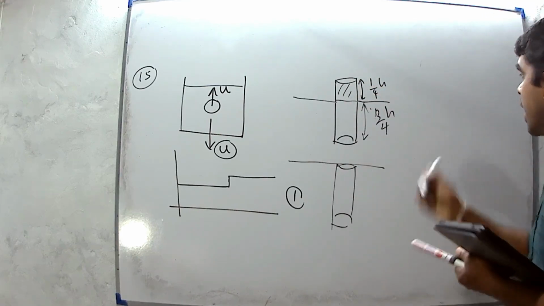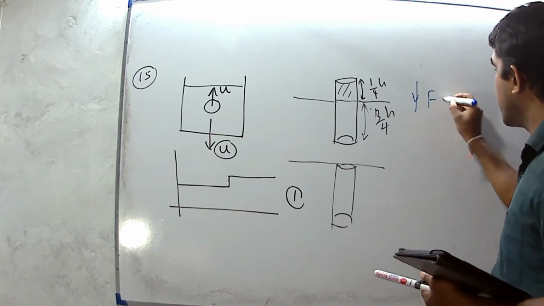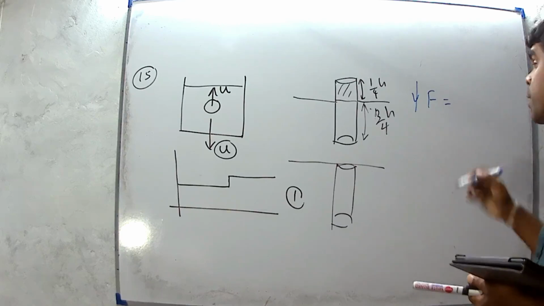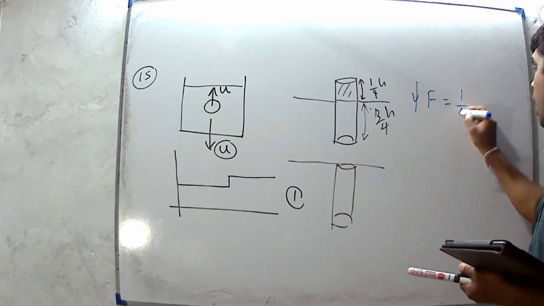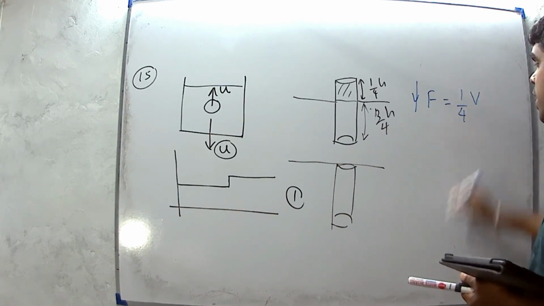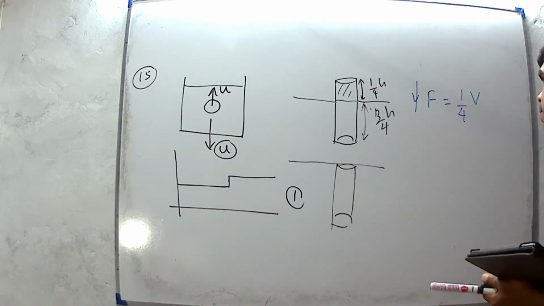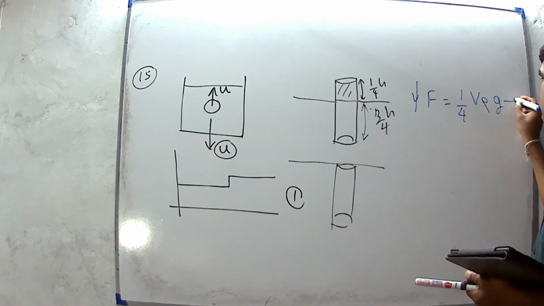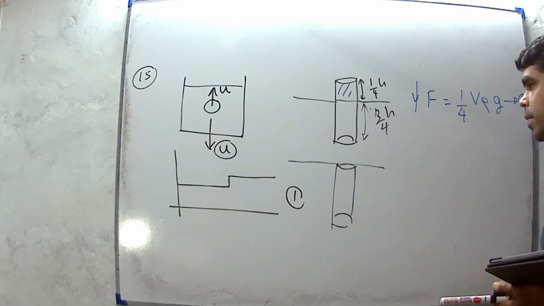Then the given force equals the upthrust of the non-immersed part, with volume 1/4 V. I will consider the total volume as V. So F equals 1/4 V rho g. It is the first equation.